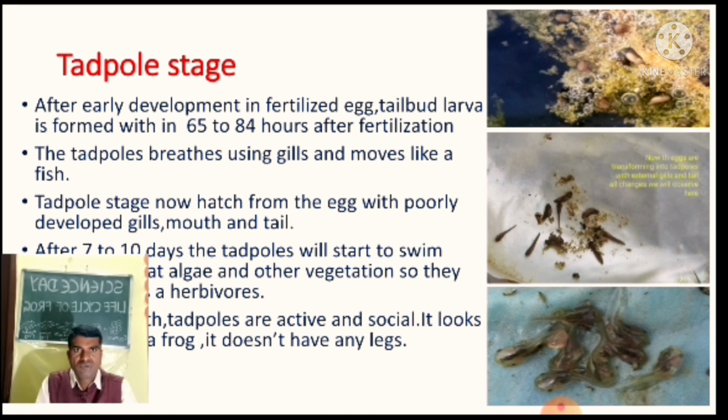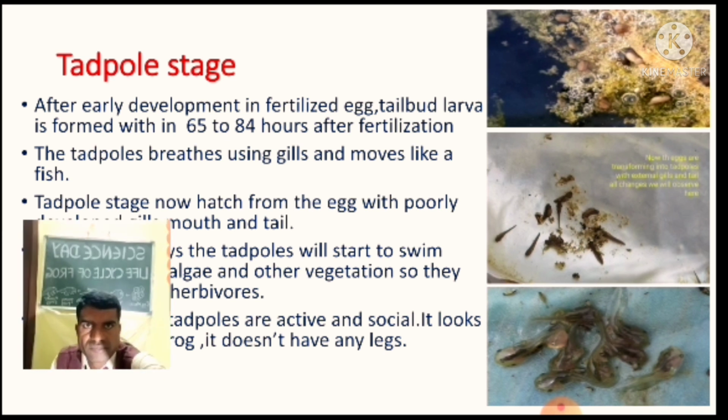The tadpole breathes using gills and moves like a fish. Now it looks like a fish-like structure. With the help of gills, they are doing respiration. Tadpoles hatch from the eggs with poorly developed gills, mouth and tail. So mouth and tail are both present here.